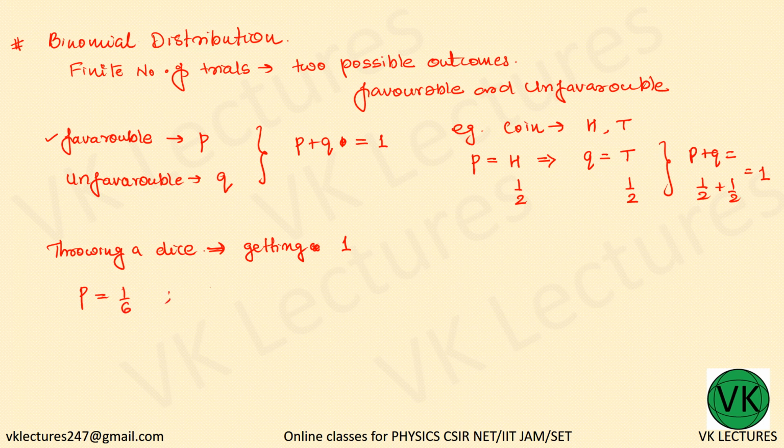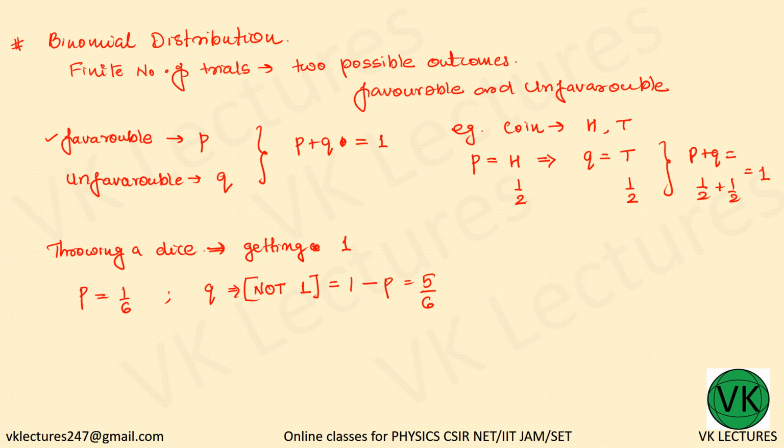And Q, the probability of getting not 1, anything other than 1, is 1 minus P, that is 5 by 6, because all other numbers are there.